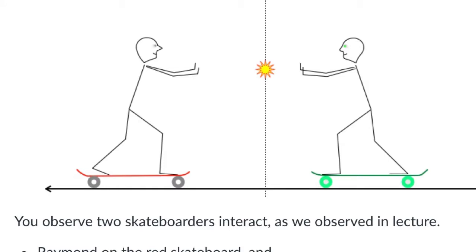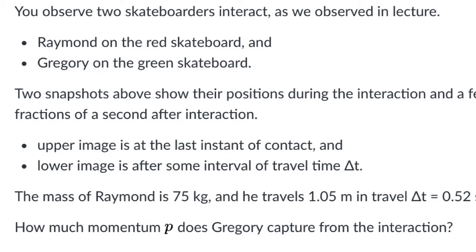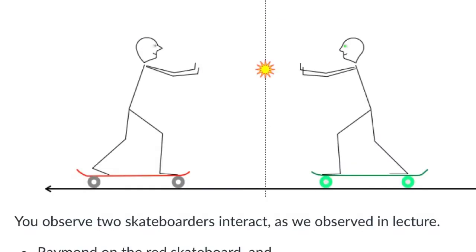You observe two skateboarders interact as observed in lecture and as seen in various videos, and also as laid out in the very first part of chapter 4. In this one, Raymond and Gregory, Raymond for R and red, and Gregory for green. In this picture, Raymond is on the left and Gregory's on the right.